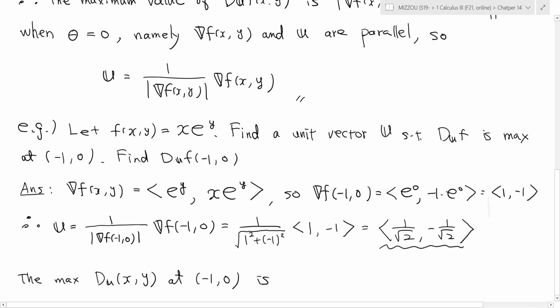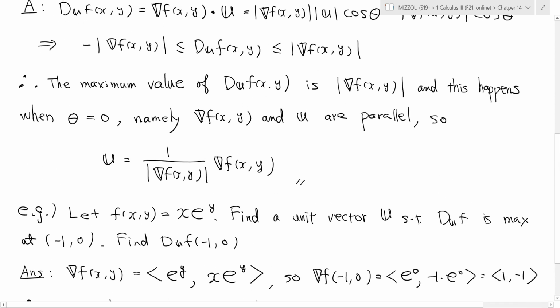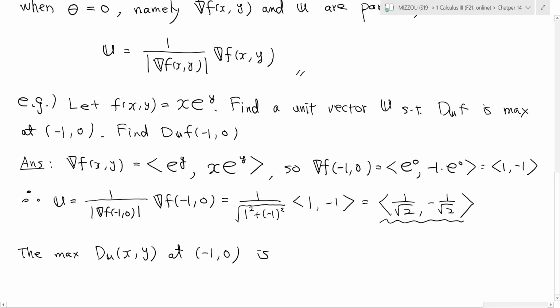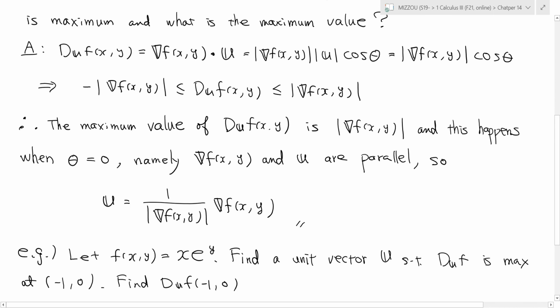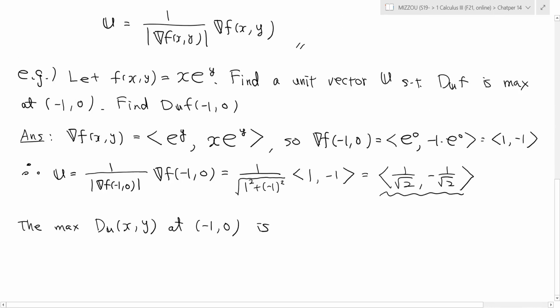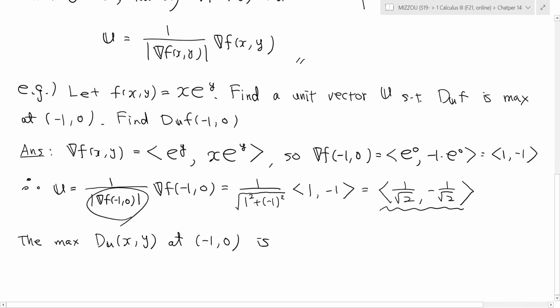Well, strictly speaking, you may just compute the directional derivative directly, but we already know that the maximum value is precisely the magnitude of the gradient. So this is precisely the magnitude of the gradient, which we already computed as root 2. Okay, so those are the answers.